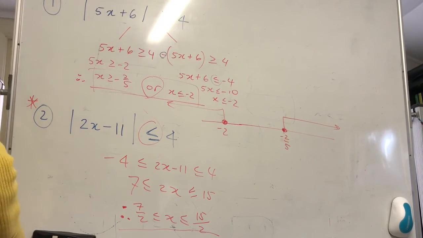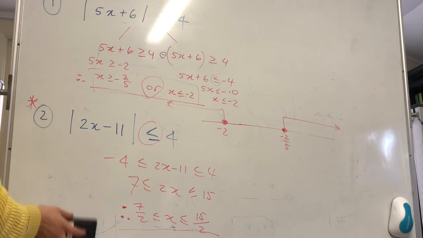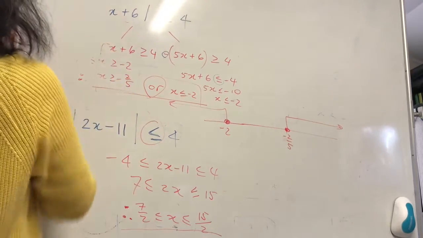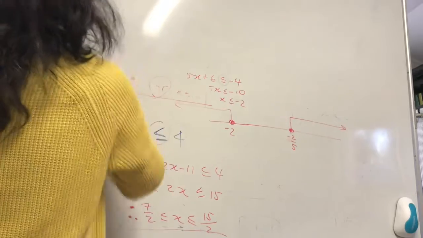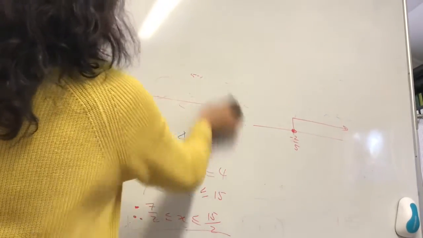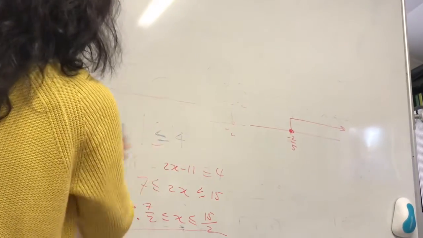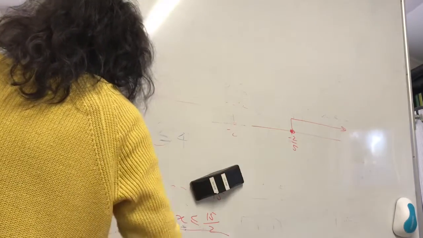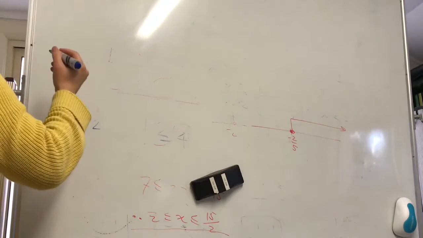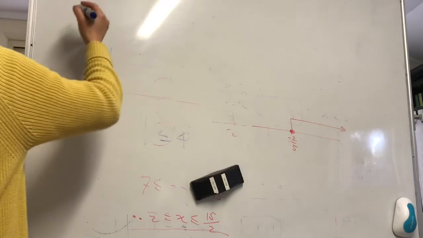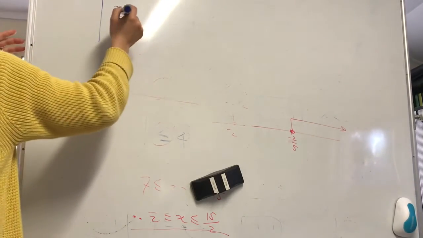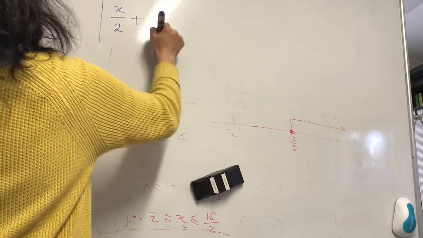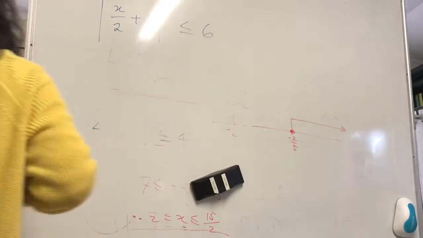Yep. So next one. Okay, so I'm not sure you're ready for it, but I think you have to now, you're pretty good. So what I'm going to give you is, again, that's not too bad, I don't think. 2x plus 3 is less than or equal to 6.